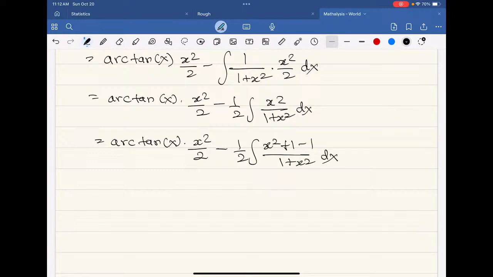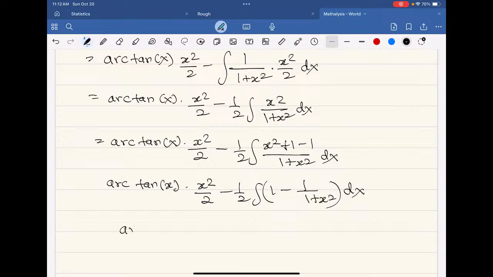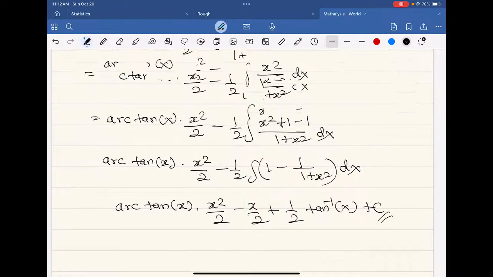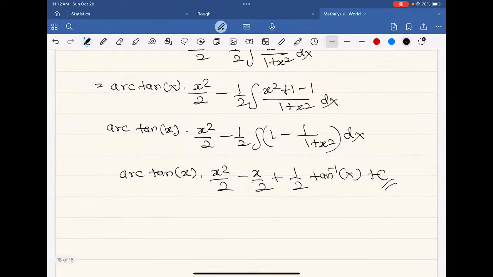So that will be arc tan of x times x square by 2 minus half of the integral of 1 minus 1 by 1 plus x square dx. This is arc tan of x times x square by 2 minus x by 2 plus half of tan inverse x plus c. And that's the answer. Let's check it.